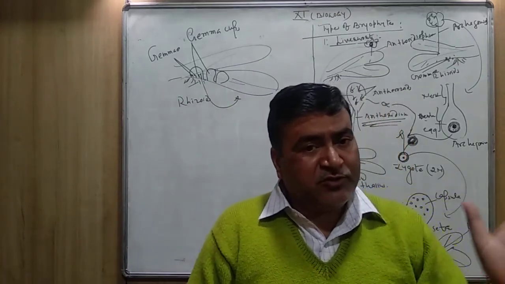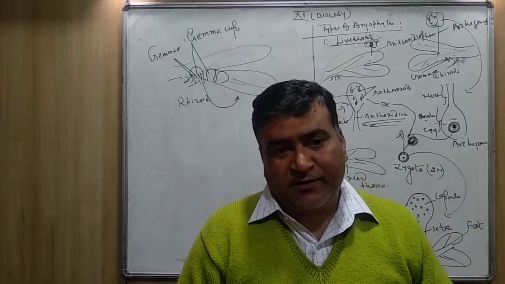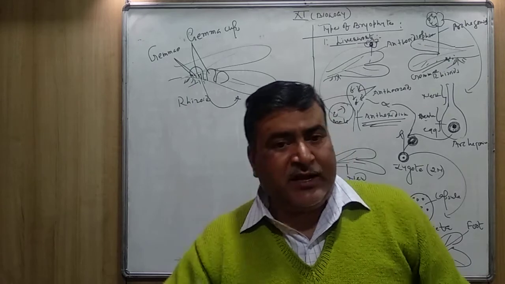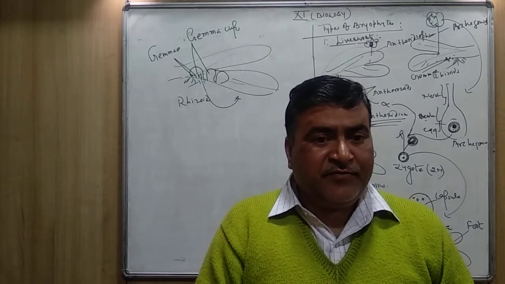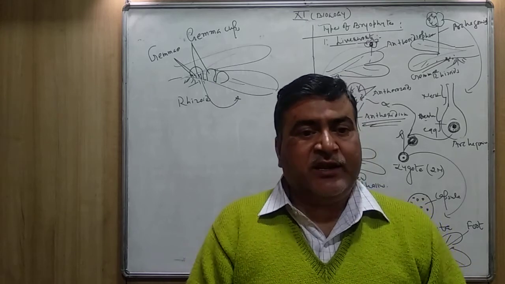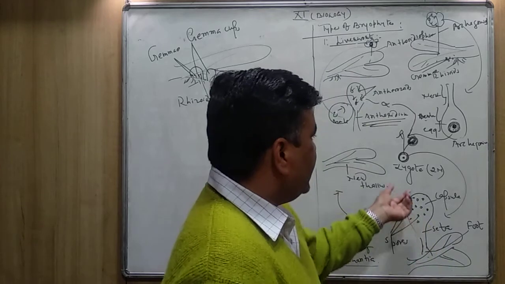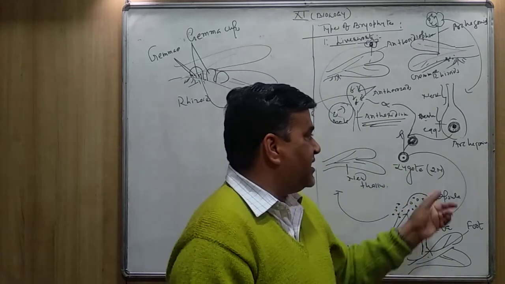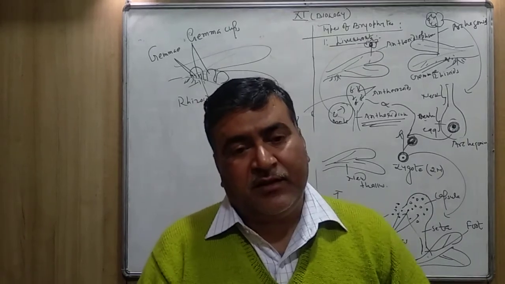One set of chromosomes comes from the male gamete, that is the antherozoid, while the other set comes from the female gamete, that is the egg, and due to the reunion of the male and female gametes, the zygote is formed and the zygote is diploid in nature. That's why I have written here 2n.